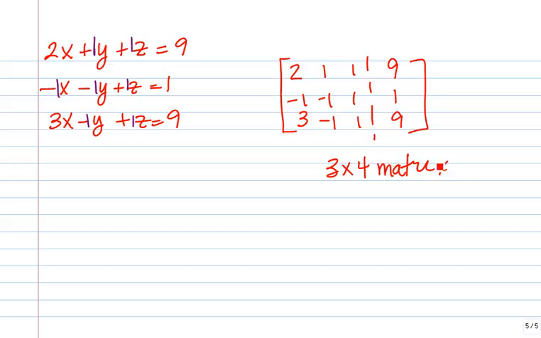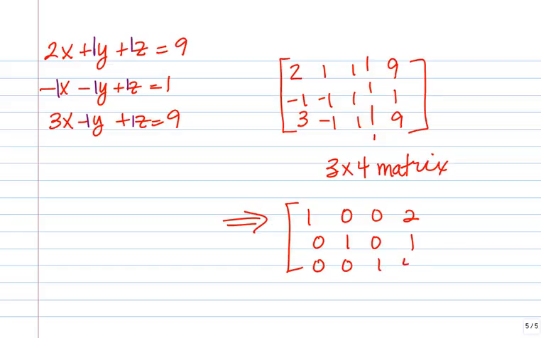And whenever you enter this on the calculator and perform the reduced row echelon form command, you're going to come up with this: 1, 0, 0, 2. Well, your calculator's not going to have the line drawn there. 0, 1, 0, 1, 0, 0, 1, 4. So what does that tell you about the solutions to this system?